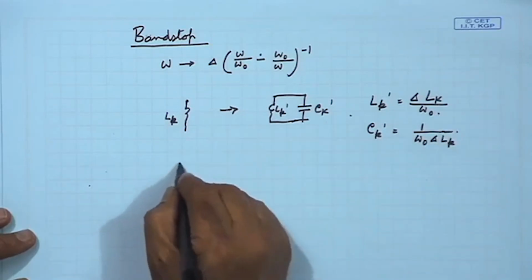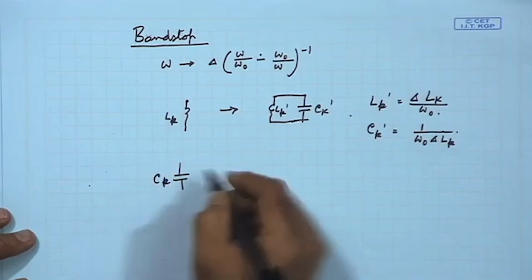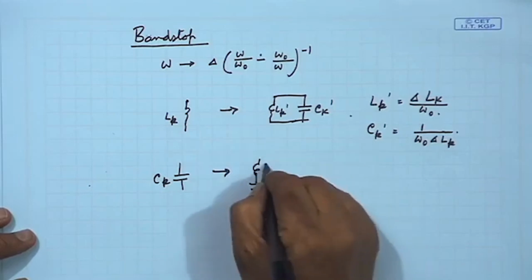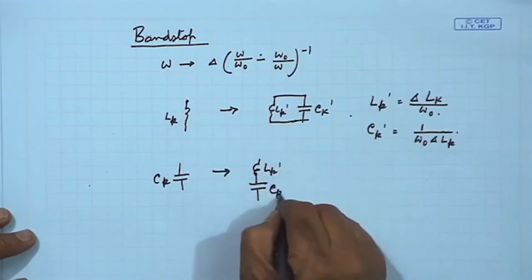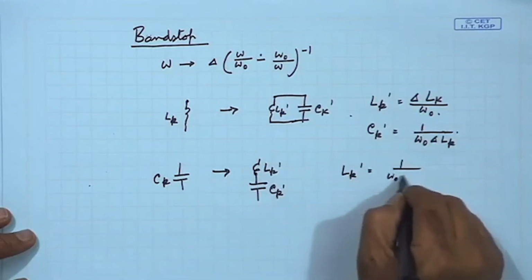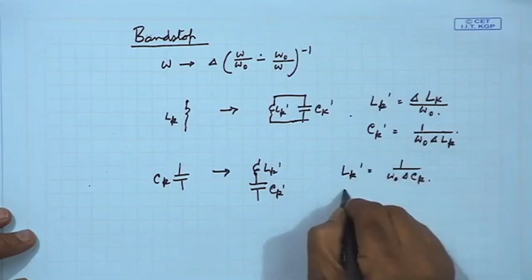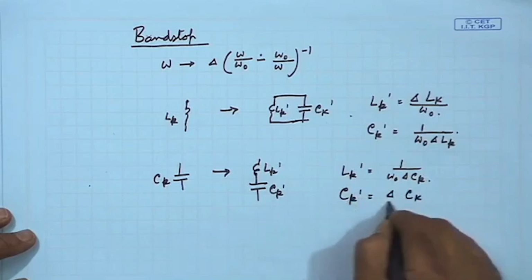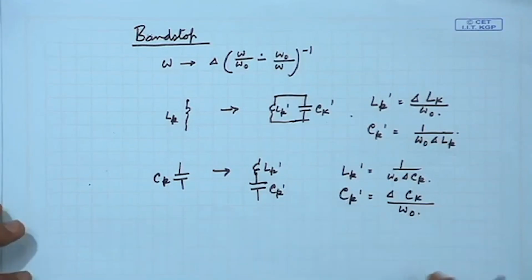And a capacitance Ck will be given by a series resonant circuit Lk dashed and Ck dashed, where Lk dashed is equal to 1 by omega naught delta Ck and Ck dashed is equal to delta Ck by omega naught. That is all. So, you now have high pass, band stop, anything you want, you can do.